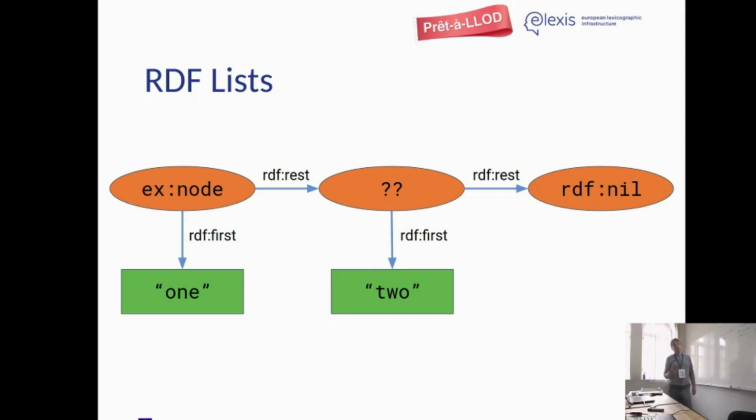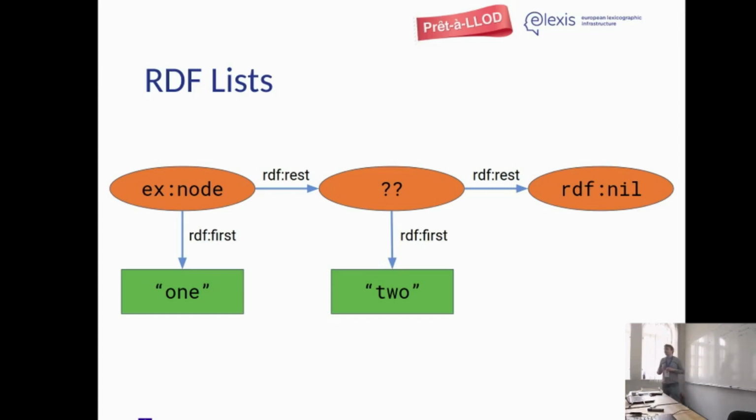And then the next node has a first, which in this case is the second element, and then the rest, which when the list terminates, points to nil. So this is a list of two elements. This gives us a way of representing the order of elements in an unordered graph.